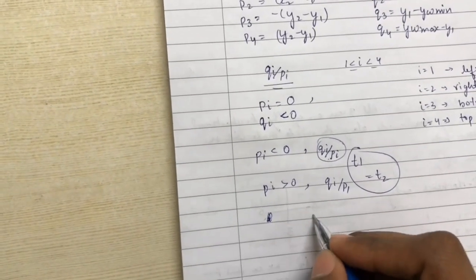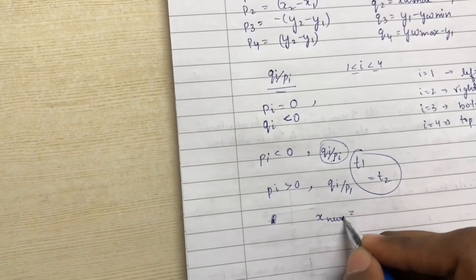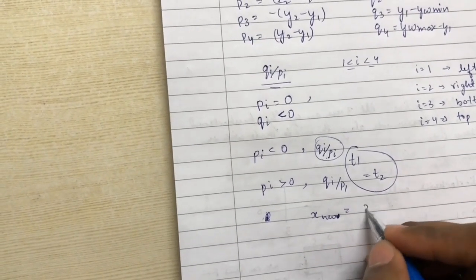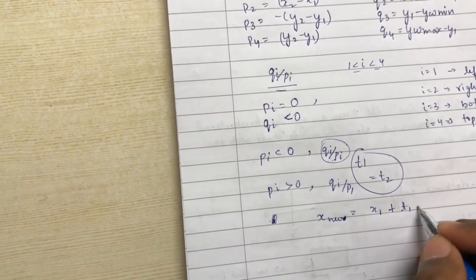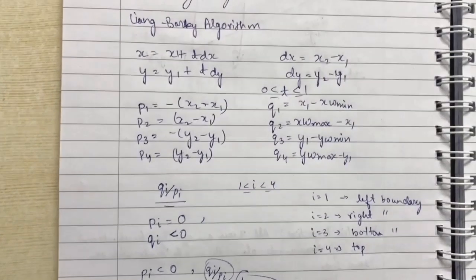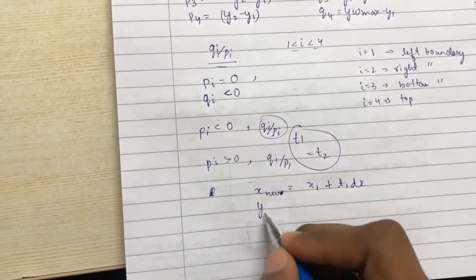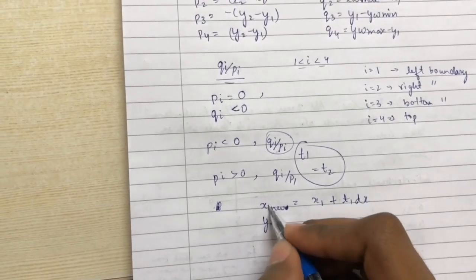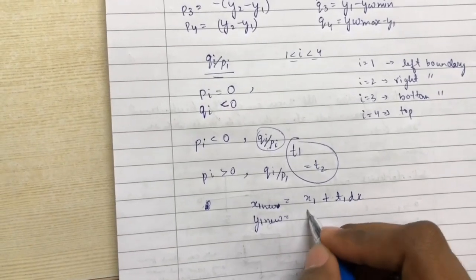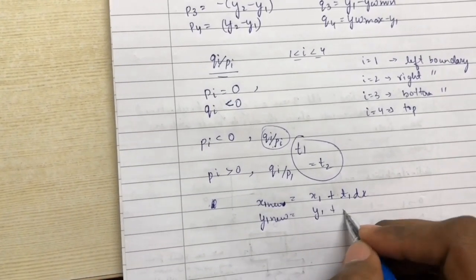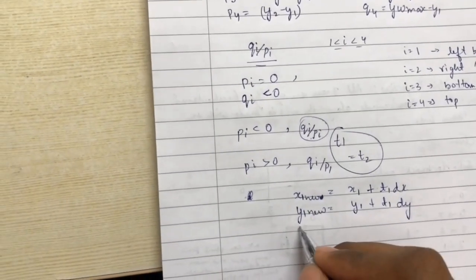Then we have a particular value of t1 and t2, and then we calculate the clipped value, which is the new coordinate that we have to plot. x1 new is equal to x1 plus t1 into dx, where dx was x2 minus x1. Then y1 new is equal to y1 plus t1 into dy, where dy is y2 minus y1.